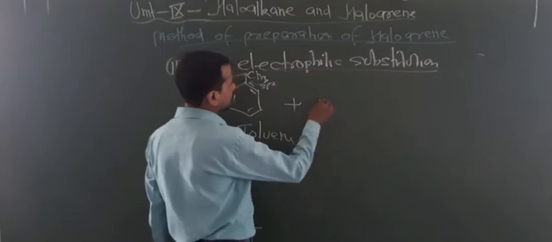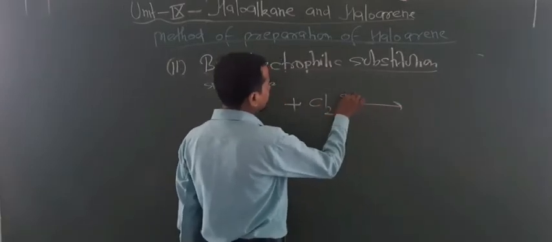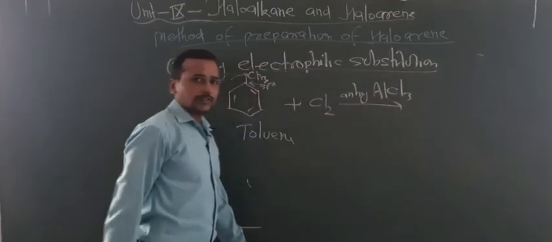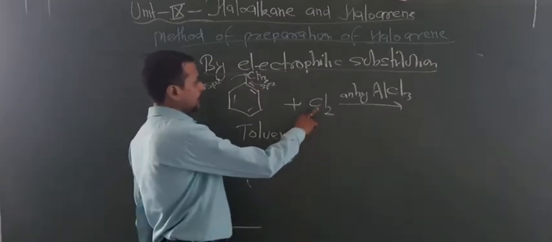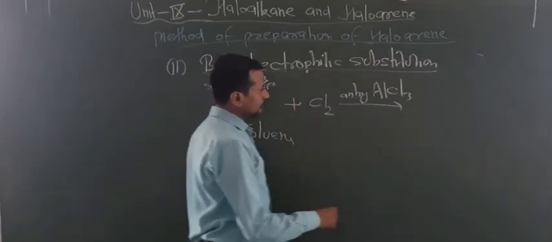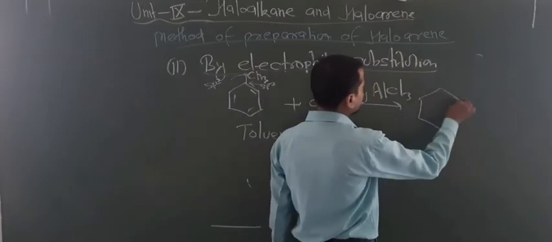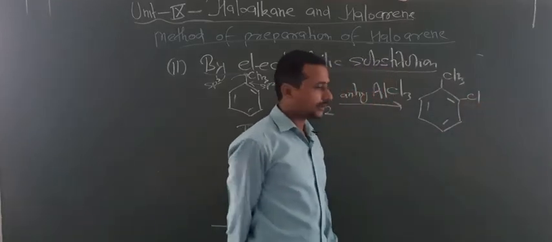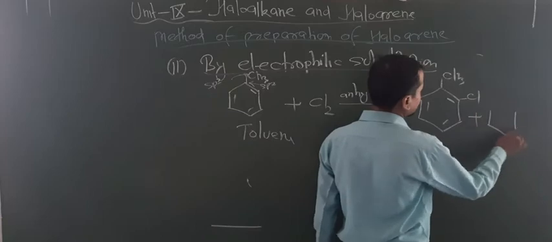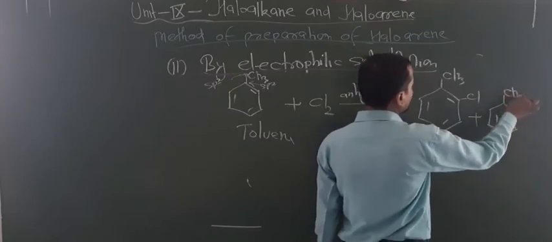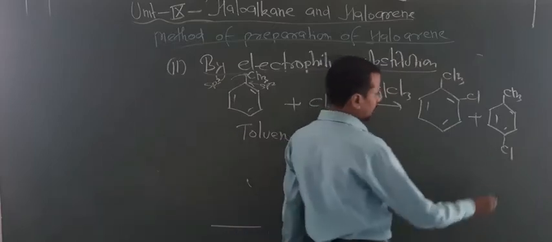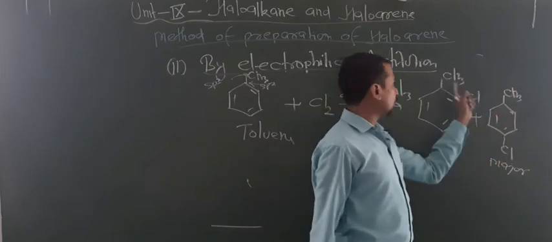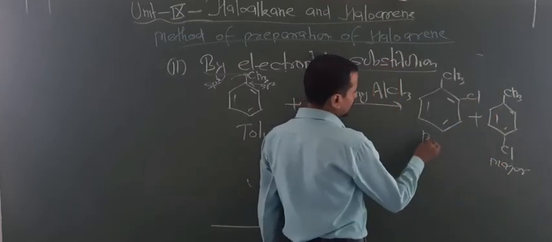So now dear students, when Cl2 attacks in the presence of anhydrous AlCl3, look at what happens. Again Cl goes either to the ortho position or to the para position. So two compounds may be formed, one with substitution at the ortho position and one at the para position. Out of both, which is the major product? This is the major product due to less repulsion; here there is more repulsion, so it is the minor product.